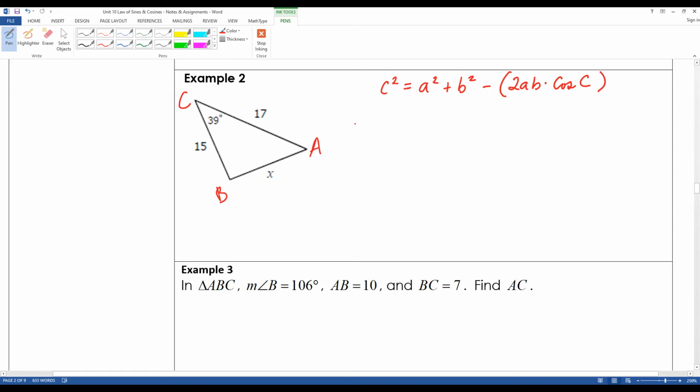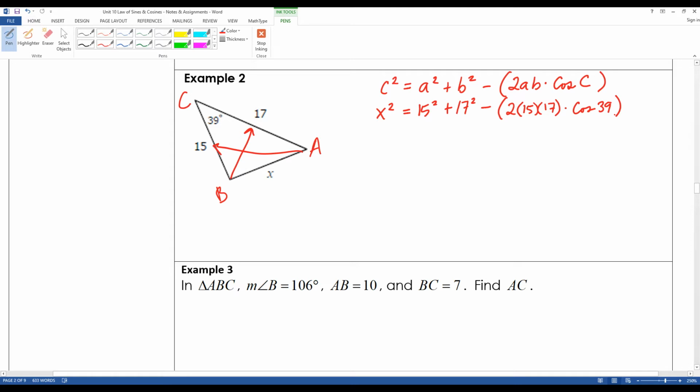Well, I don't have C. That's x. So x squared equals A, which would be 15, and B would be 17, minus 2 times A, which was 15, times B, which was 17, times the cosine of the angle C, which was 39.